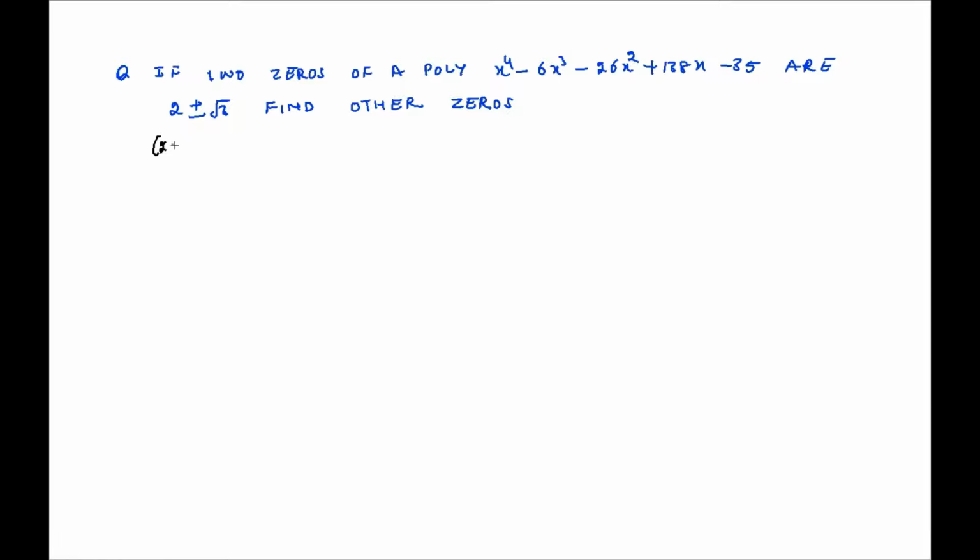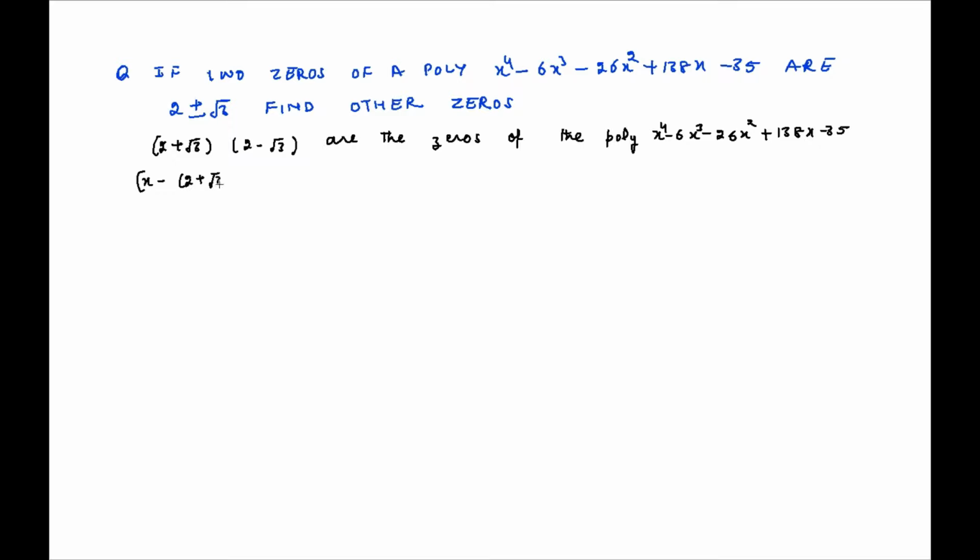Now 2 + √3, 2 − √3 are the zeros of the polynomial x⁴ − 6x³ − 26x² + 138x − 35. And then x − 2 − √3 and x − 2 + √3 are the factors of the given polynomial by factor theorem.